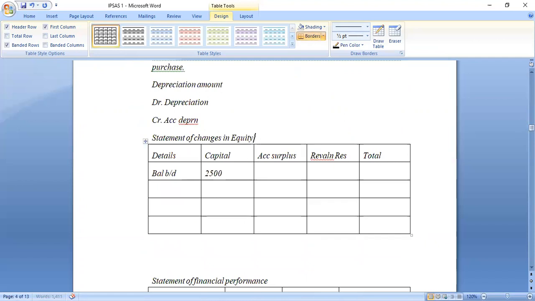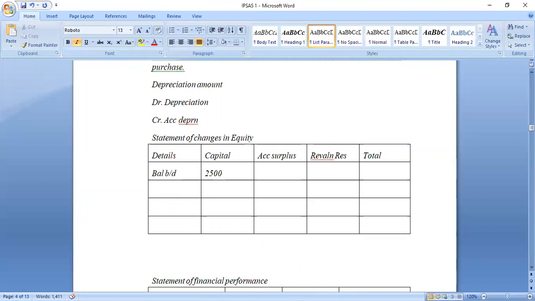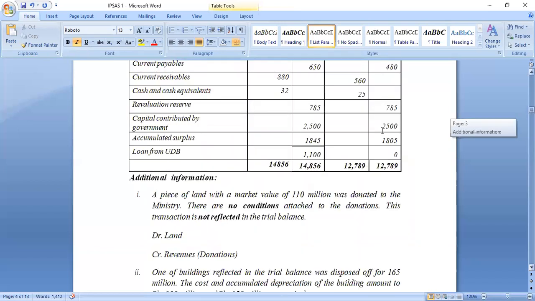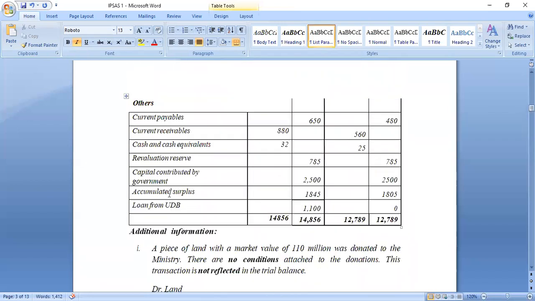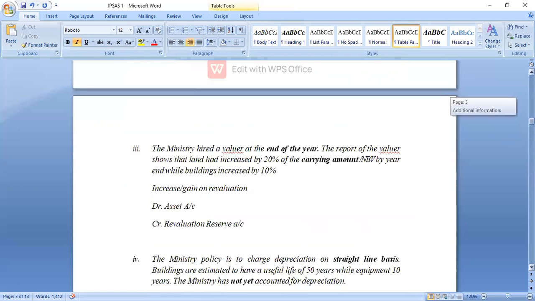So for 2014, there's really no changes, so it will be blank, to only have opening balances and closing balances, which are the same. Then surplus. Here, accumulated surplus is 1845.